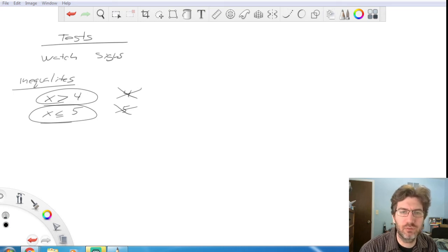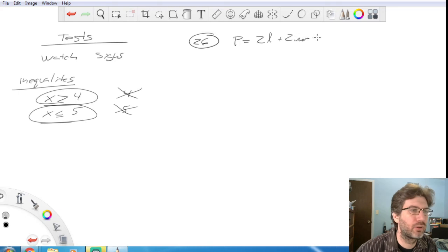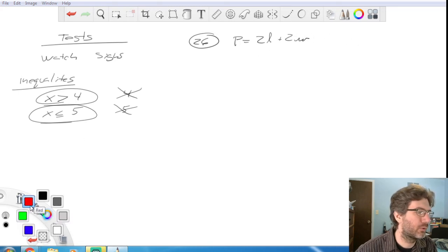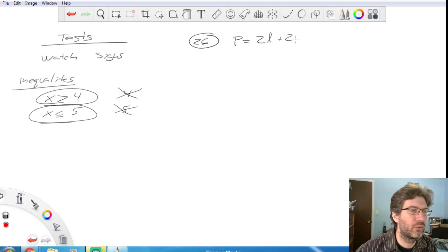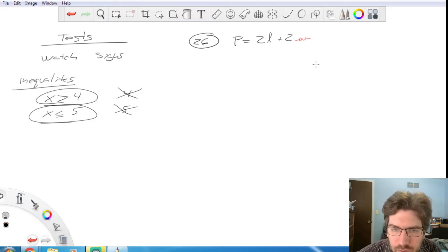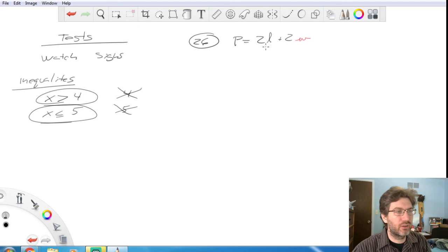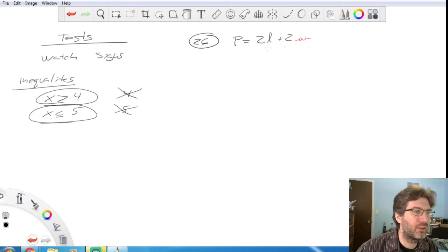Ones that I want to go over, I'll give you 26 because there's probably some confusion on that. P equals 2L plus 2W, and it's asking you to solve for W. A lot of you get the idea, but once it gets a little crowded on this side, you kind of lose it, and the way that you type things in might be why I marked it wrong too.